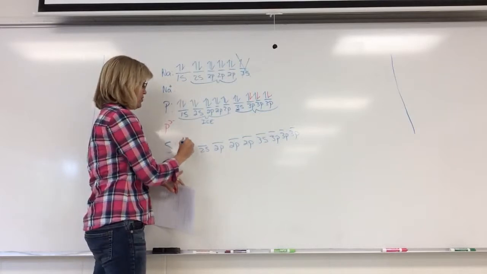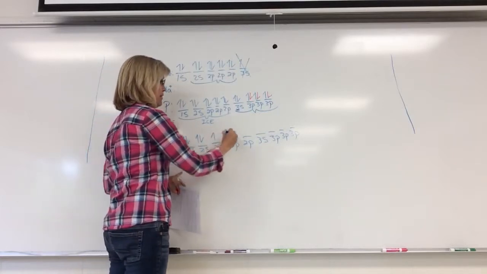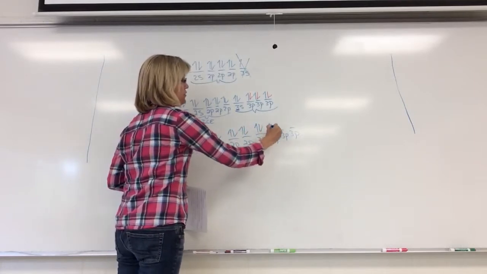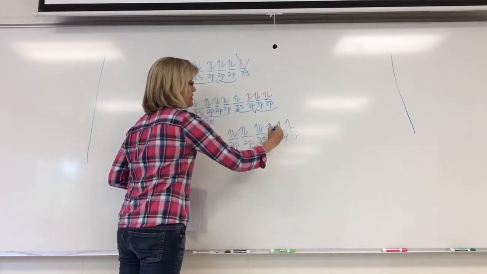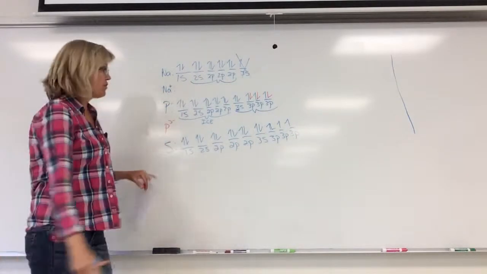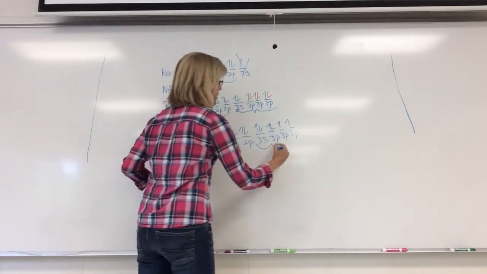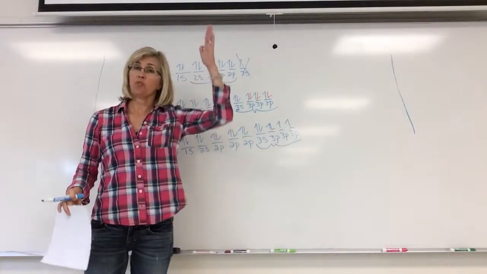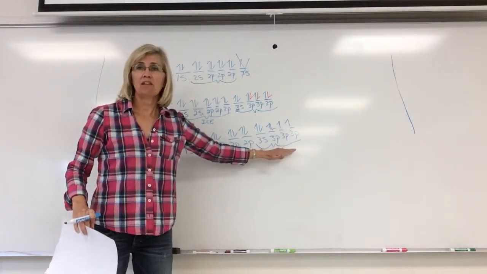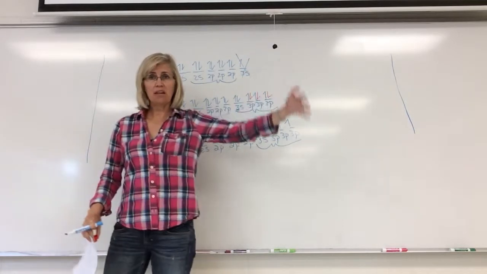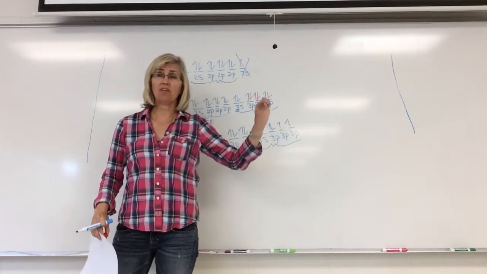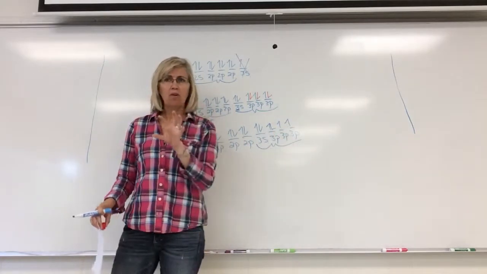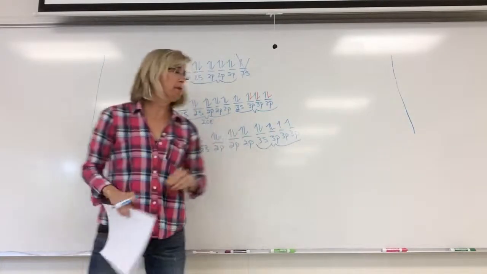So 2, 4, 5, 6, 7, 8, 9, 10, 11, 12, 13, 14, 15, 16. All right, so as you can see, we have 6 valence electrons because this is group 6. It's going to correlate to how many valence electrons. On your periodic table out on the right, those numbers are going to tell you which energy level those valence electrons are in. So your periodic table just gives you a wealth of information.